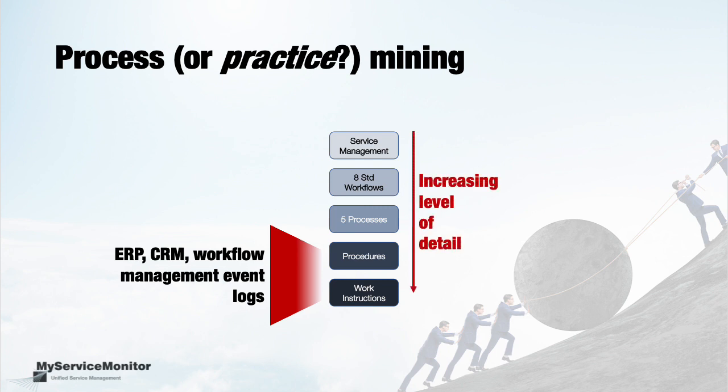Event logs provide a granular view of process execution, capturing the sequence of activities performed by individuals or systems. This level of detail allows process mining algorithms to discover the actual flow of work, including deviations from prescribed procedures or work instructions.